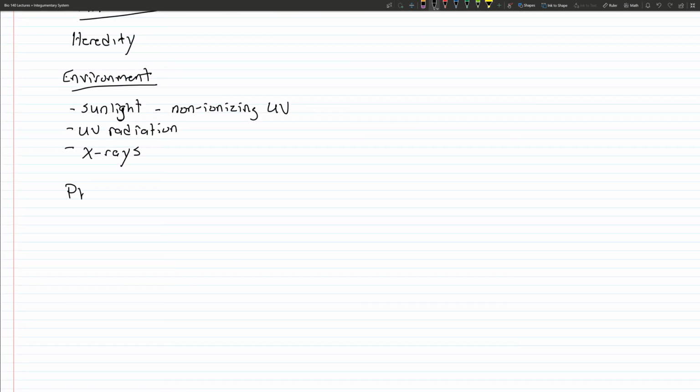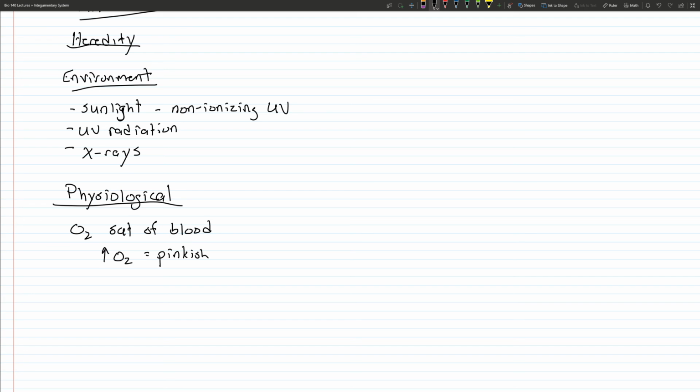Now, physiologic things. Physiologic conditions that will cause a change of the skin color is oxygenation, O2 saturation of the blood. If you have a higher oxygen saturation, increased O2, it's going to give you a pinkish color.